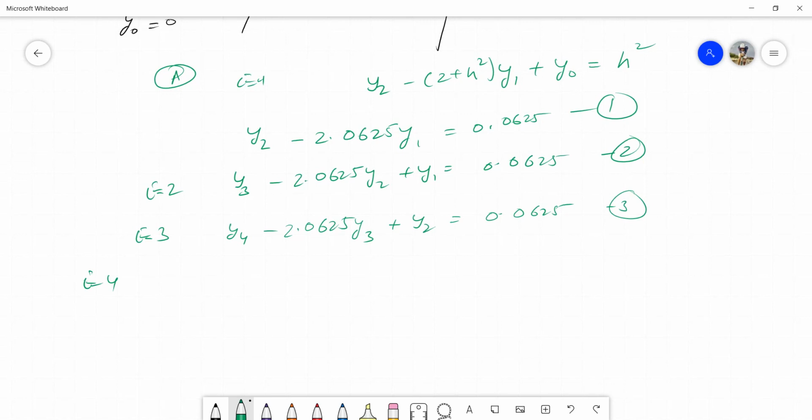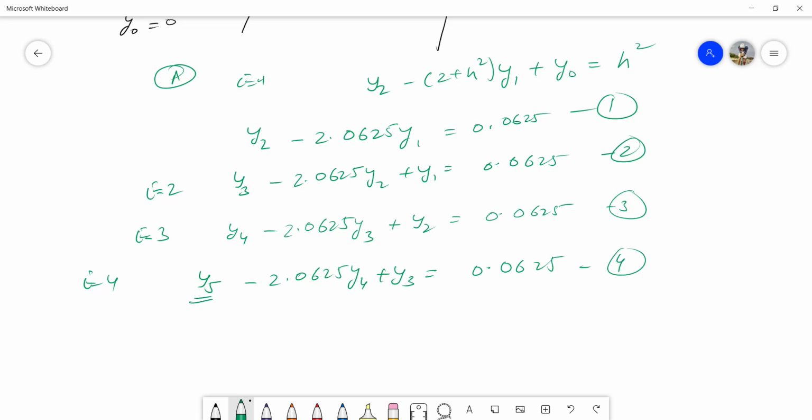So once we put i equal to 4, we have the fourth equation: y5 minus 2.0625 y4 plus y3 equals 0.0625. But y5 is the point at which we already have the boundary condition available.